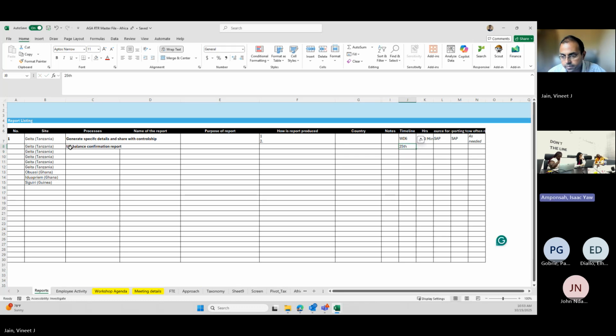Yes, we provide it at the same date as the trial balance. The first cutoff is 25th. I mentioned yesterday, 25th is the cutoff, and 30th is the deadline. Sorry, what is the deadline?